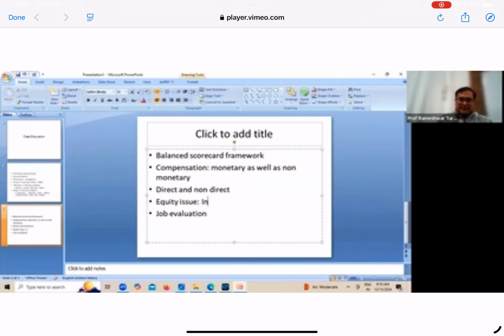That is called the internal equity issue. And people compare their salary with people working in other companies. That is called the external equity issue. While designing a compensation system, this equity issue needs to be taken care of.